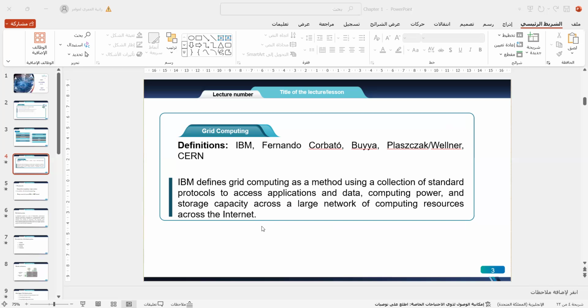So, grid computing operates by running specialized software on every computer involved in the grid network. The software coordinates and manages all the tasks of the grid.